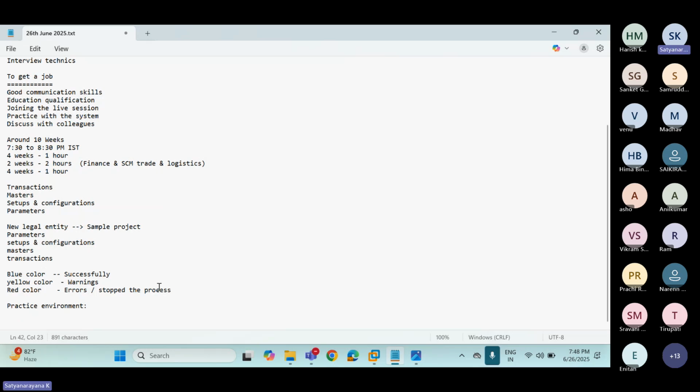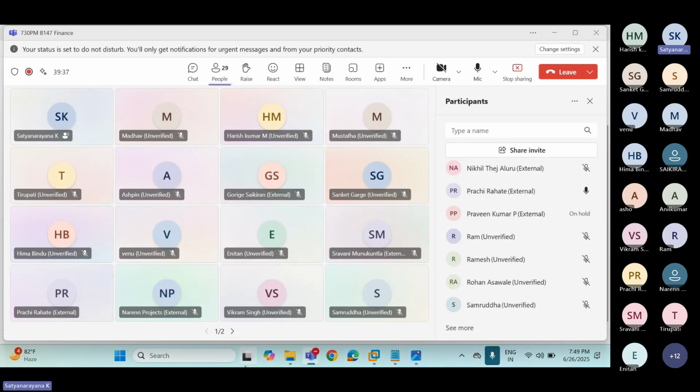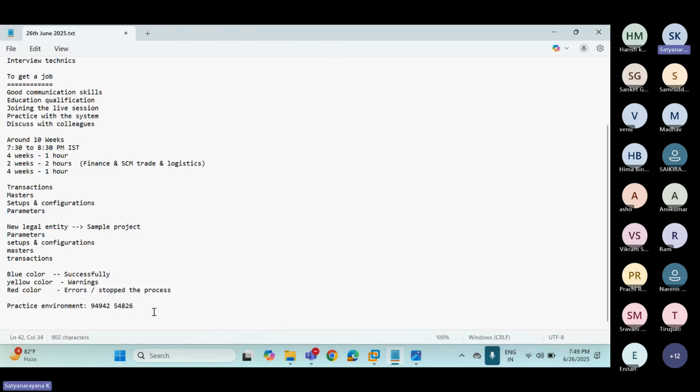It's 9494254826. You can approach that guy and he will help you to install it on your laptops. He will charge a small amount, around 2000 or 2500 rupees, and he will install it on your laptops.